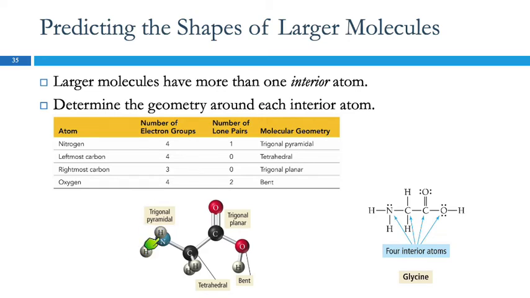And so these guys are kind of sticking out. The lone pair would be going behind. This has 4 electron groups, no lone pairs, so that's just a straight tetrahedron. This is 3 groups, so this is trigonal planar. And this one is 4 electron groups with 2 lone pairs, which is bent.